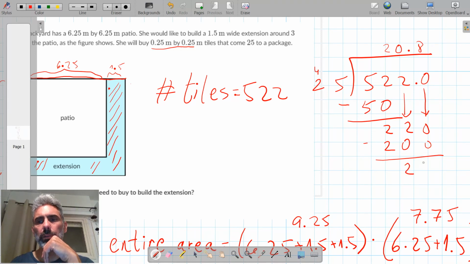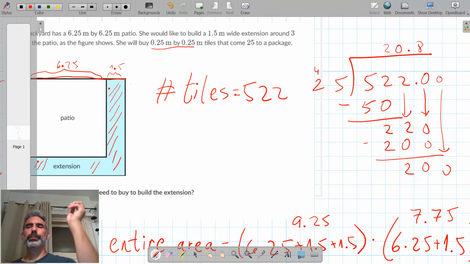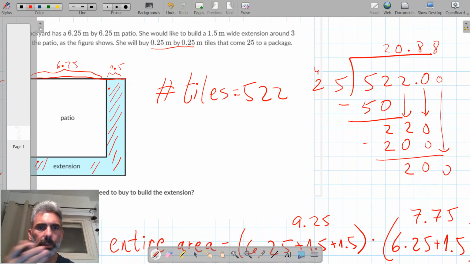So the remainder is 0. It's again 8, and so I guess it's 20.888.